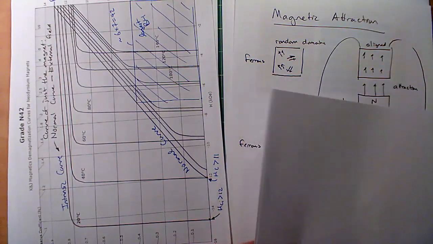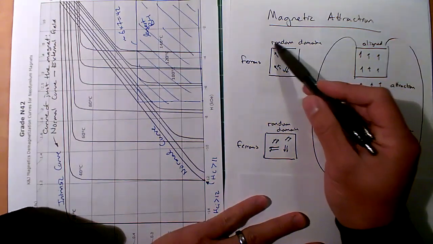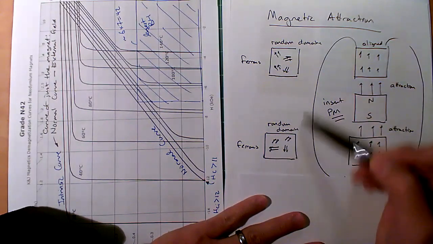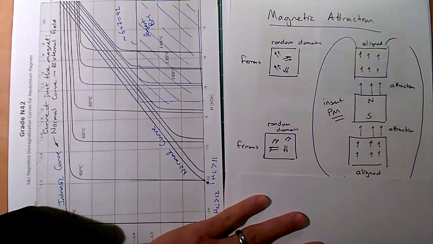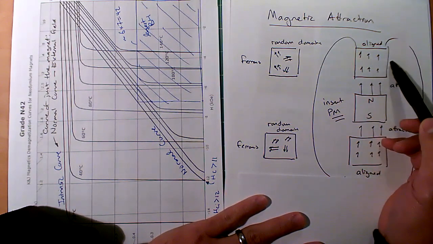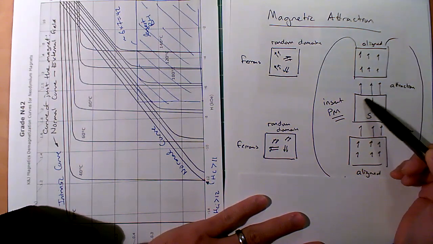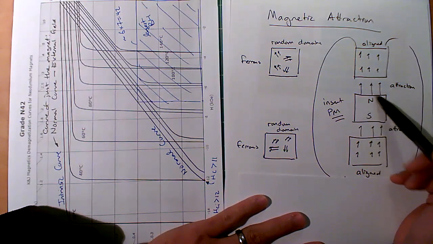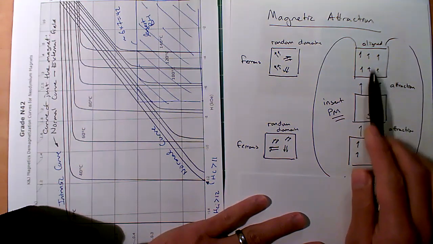Let's say we have some random ferrous material with random domains, just a piece of steel, and we take our permanent magnet and we put it in between. Well, what's going to happen to the top piece of steel and the bottom? The domains internally will get aligned because of the external magnetic field introduced by this permanent magnet. And so what happens when you have magnetic fields aligned?